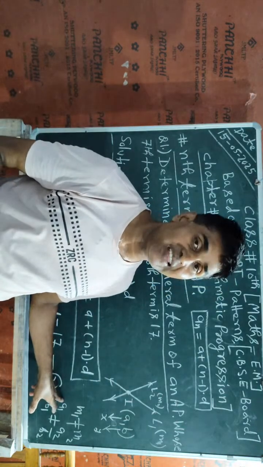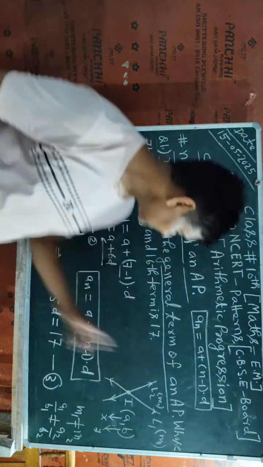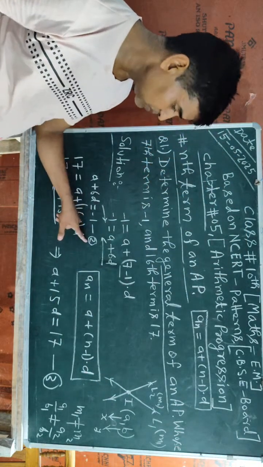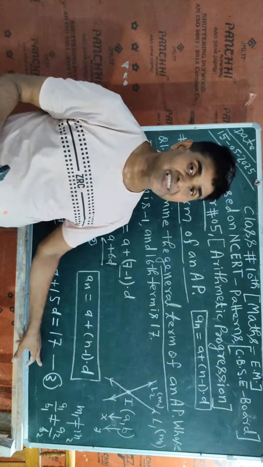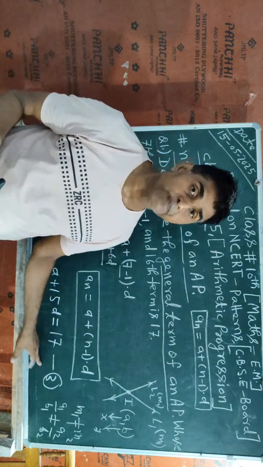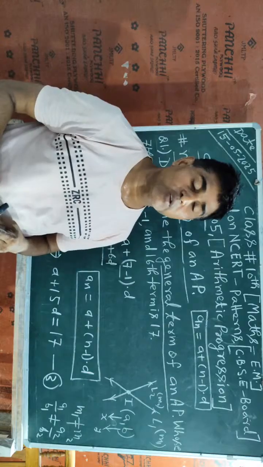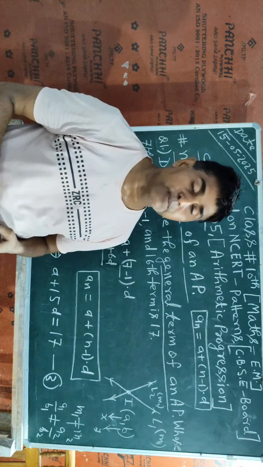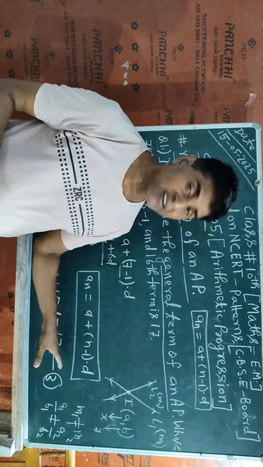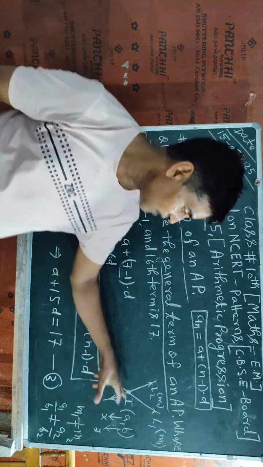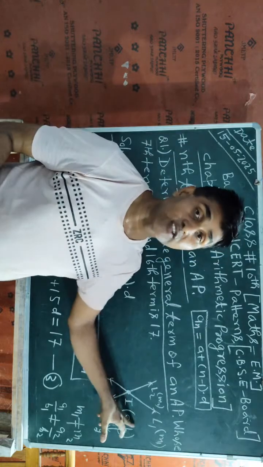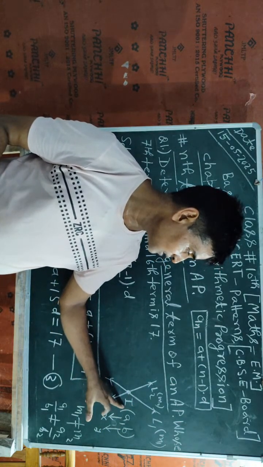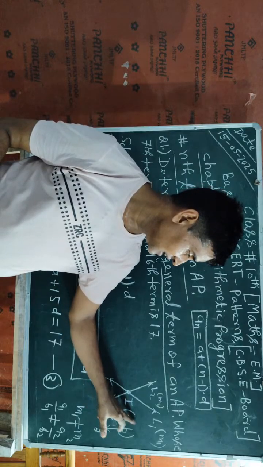That concept is existing here in equation number 2 and also in equation number 3. I will use any one method from two methods: the elimination method or the substitution method. After using one method, I will calculate the value of a and also the value of b. That will be the intersection point, and that point can be written as (a, b).